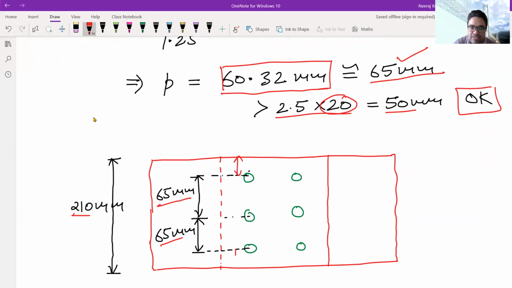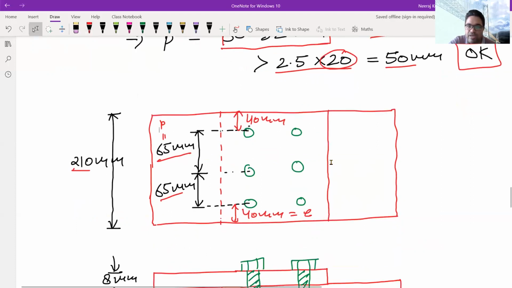So this edge distance will be 210 minus 65 and divide by 2. Okay, so this becomes 40 mm on each side. So the edge distance becomes 40 mm and 65 becomes the pitch. Okay, so this is how we are calculating.